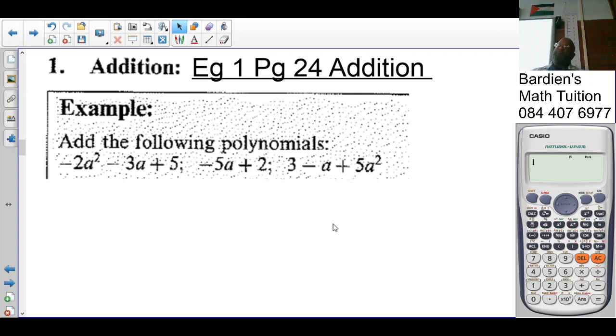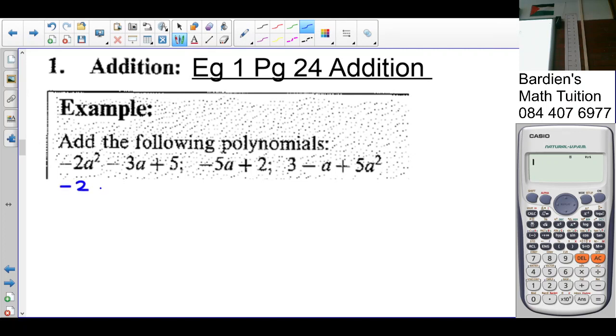So there's two ways of doing this. Okay, you can do it the normal way that we normally do it. We will just simply replace the semicolons. Do you all see semicolons there? With positive signs.